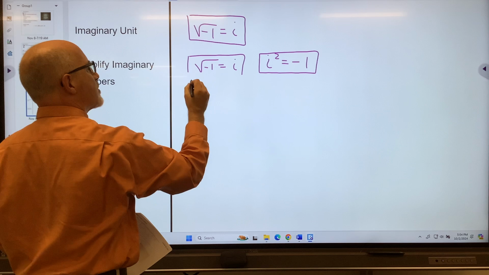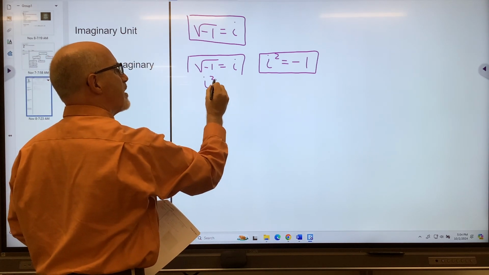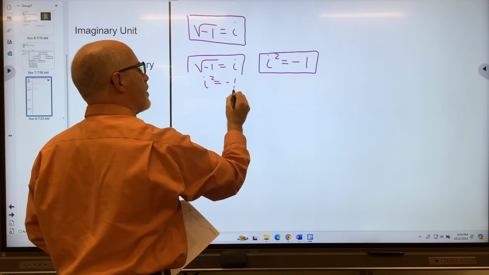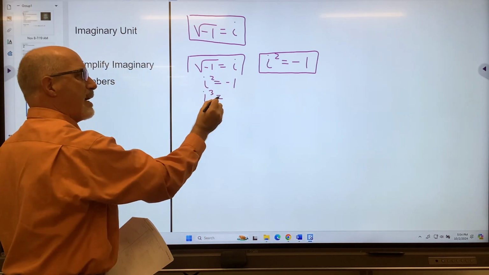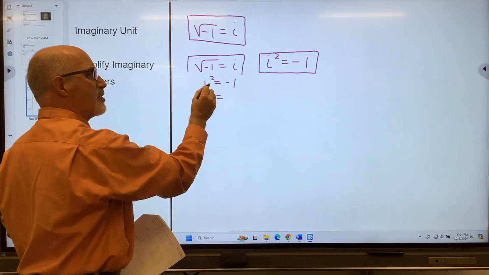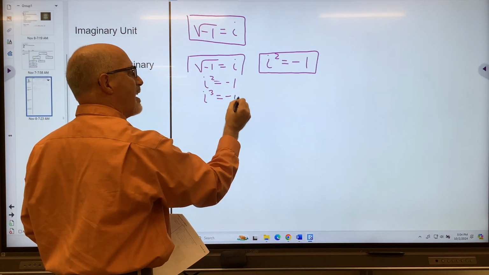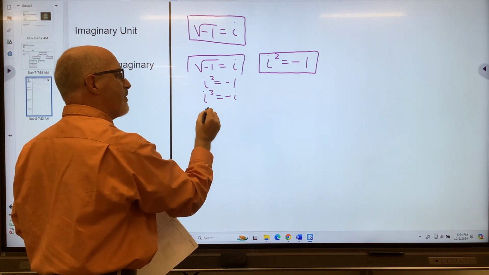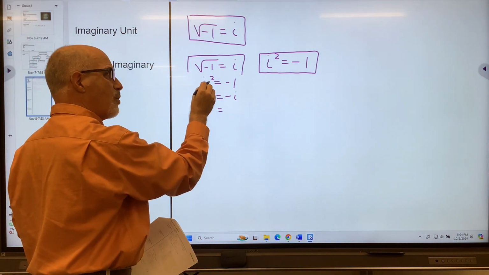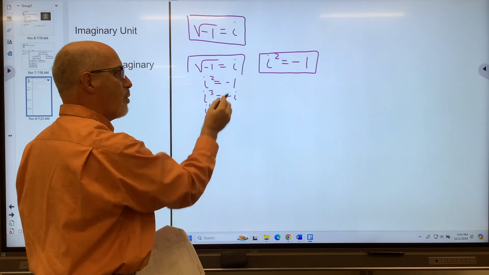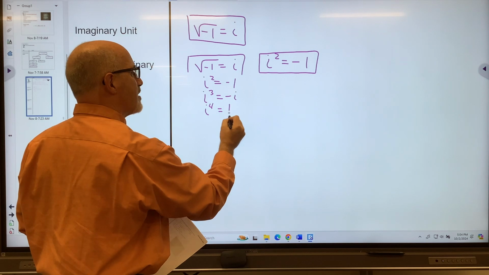Okay, this chart is going to be the square root of negative 1 equals i, i squared is equal to negative 1, i cubed are these two multiplied together. i times i squared is i cubed, so negative 1 times i is negative i. And then i to the fourth is going to be the same as i squared times i squared. Well, what's negative 1 times negative 1? It's equal to positive 1.